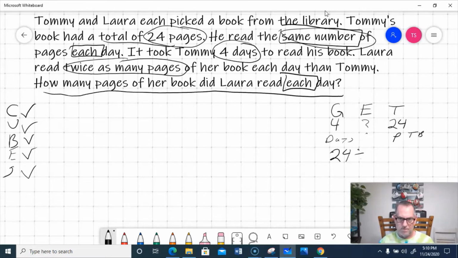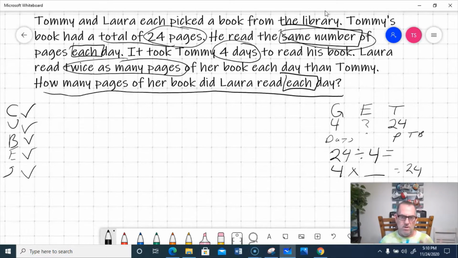It wouldn't be a multiplication problem. It would be 24 divided by 4. So we need to figure out what 24 divided by 4 is. We could also say that we have 4 groups, and 4 times something equals 24. That'd be another way of doing it.